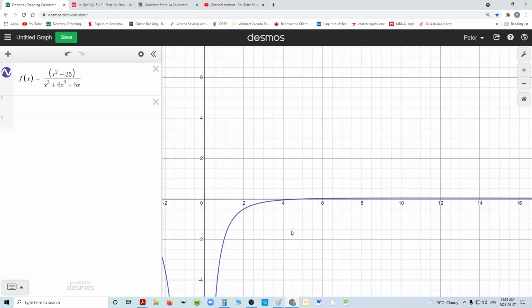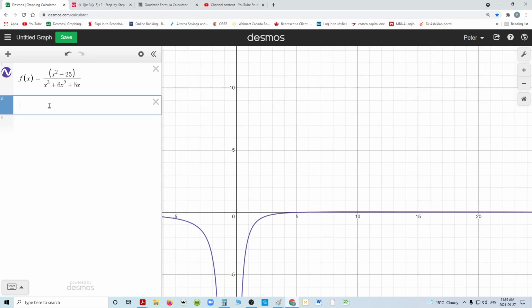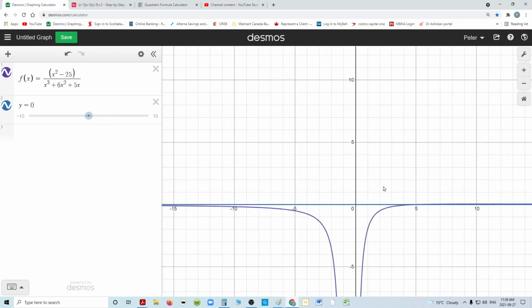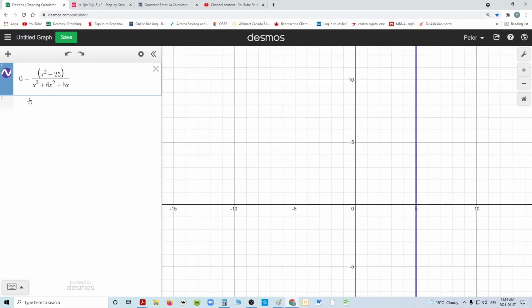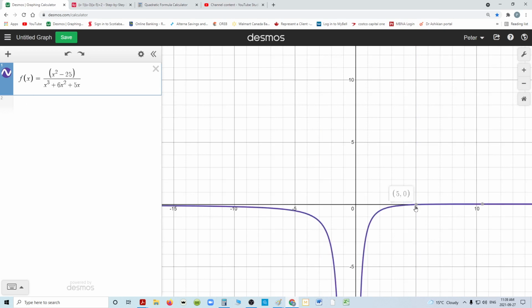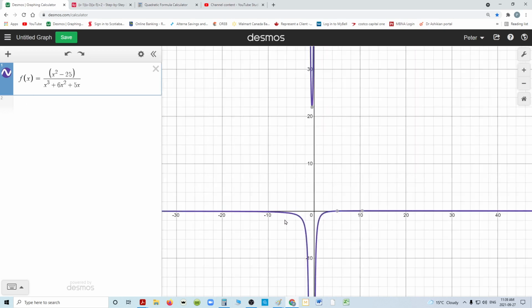Okay. To see if it crosses the horizontal asymptote, you just make y equal to 0, and you'll see just one dot right there. You can also make the whole equation equal to 0, and it will tell you where it crosses. So I got that right, everything to the right. Then there's that stuff I'm talking about.